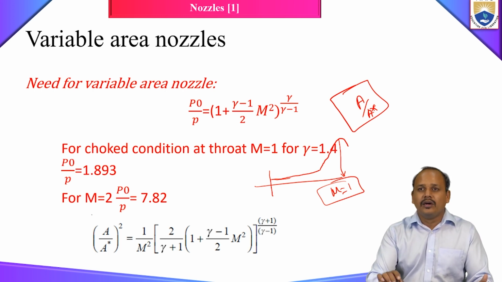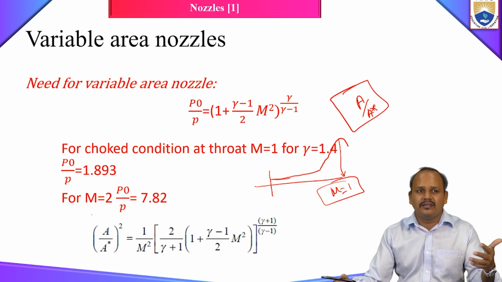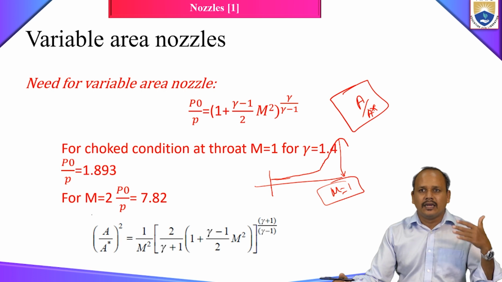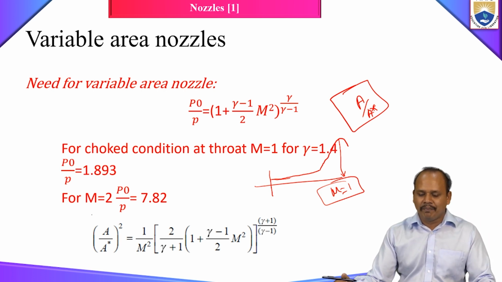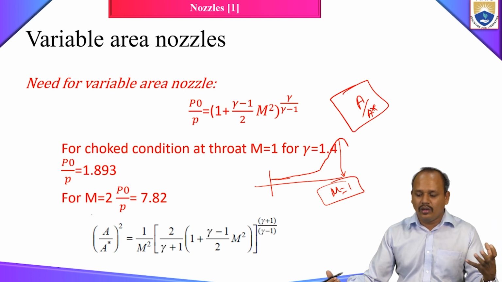If the drag is at a very high value, what does that mean? A 10 times increase in drag means there is obviously a 10 times increase in the force acting on your aircraft. Because of this 10 times increase in load, what will happen? Your aircraft structure will fail.